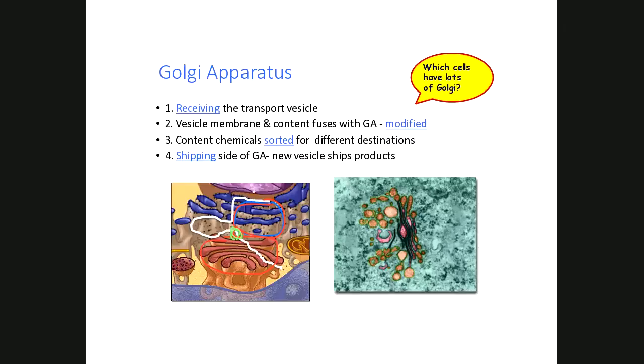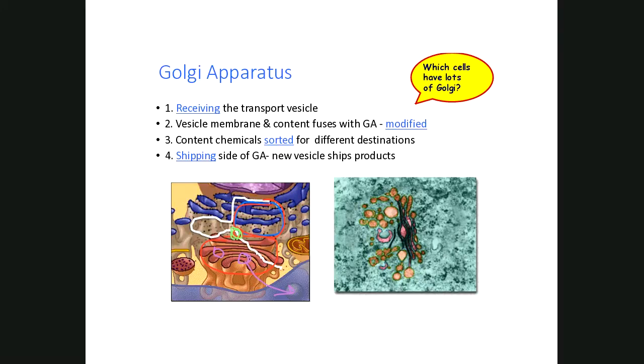And then it will actually repackage. Let me get a different color, purple. It will repackage those contents into different transport vesicles, and ship them out to other places in the cell. It'll move across the Golgi apparatus and reship the contents into different vesicles.